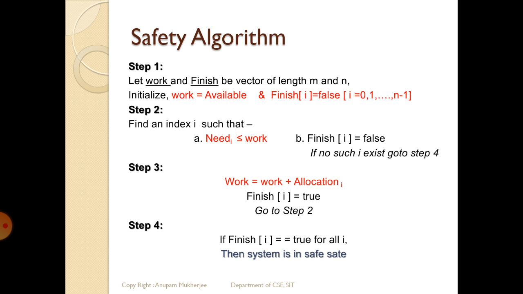Then in the next step, our first objective will be to check, when say process P0 is requesting resources from the system, whether the need of process i is less than or equal to work. If the condition is true, then we can say that the system is in a safe state.